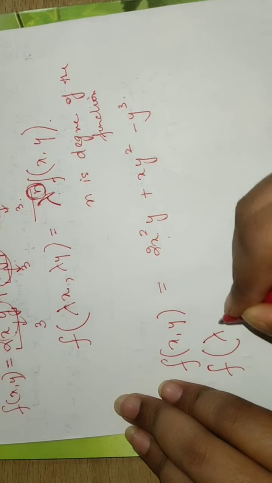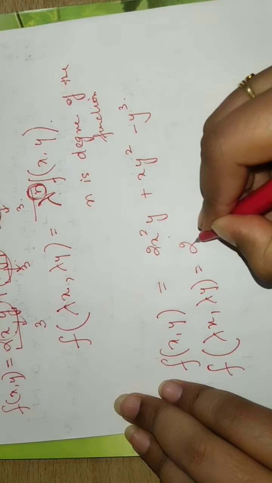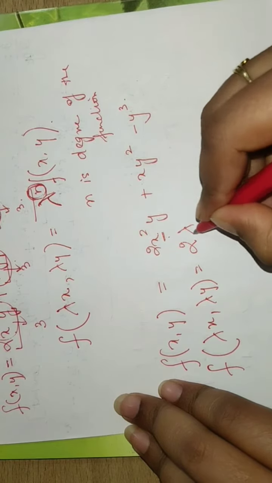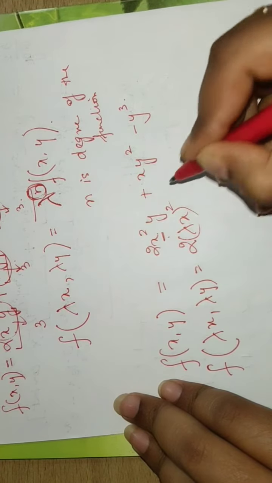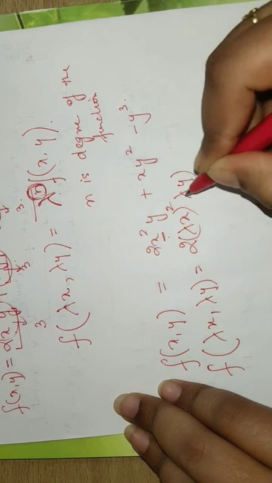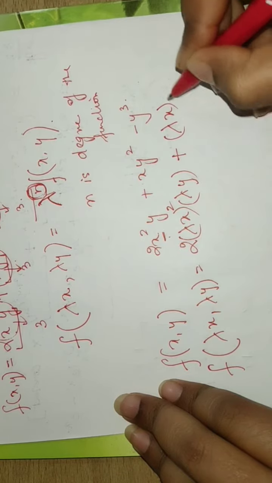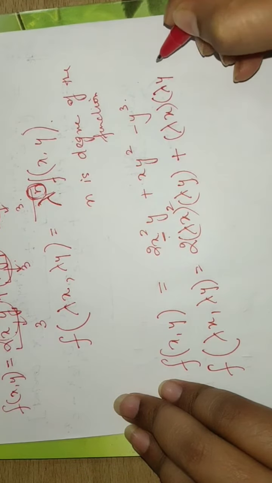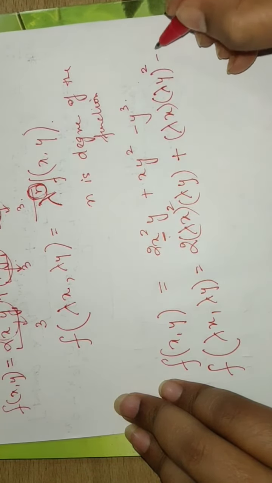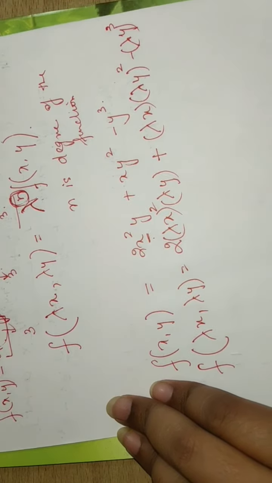We have to multiply each variable by lambda. This is 2 into lambda x raised to the power 2 into lambda y, plus lambda x into lambda y square, minus lambda y cube. Right?